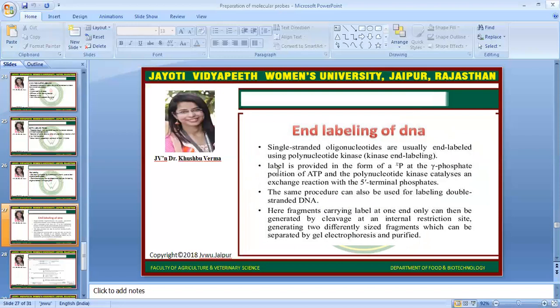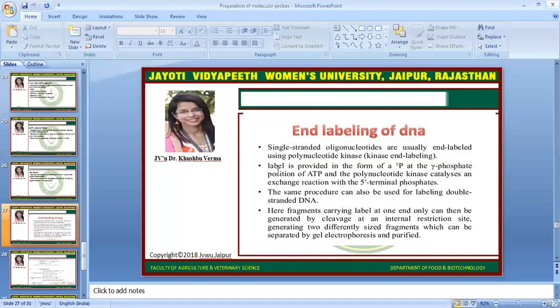The label is provided in the form of a phosphate at the gamma phosphate position of ATP, and polynucleotide kinase catalyzes an exchange reaction with the 5' terminal phosphate.